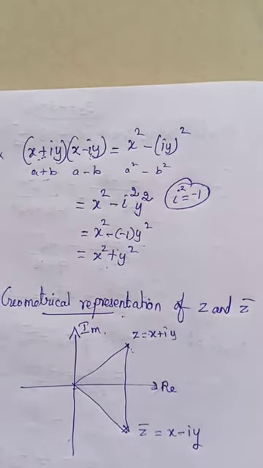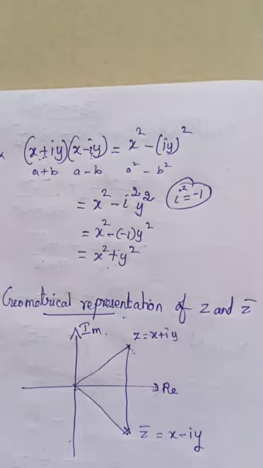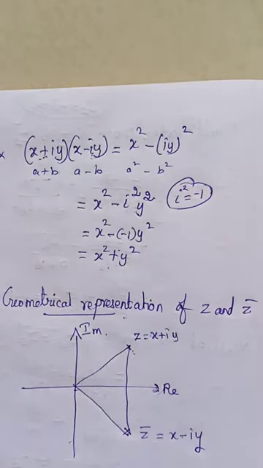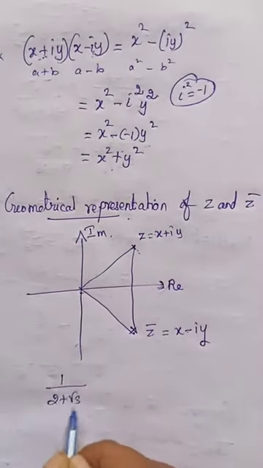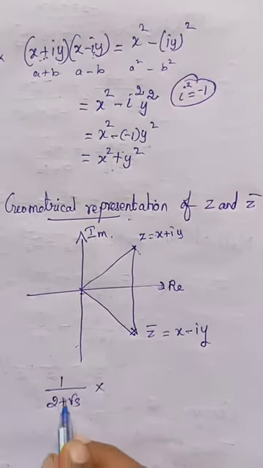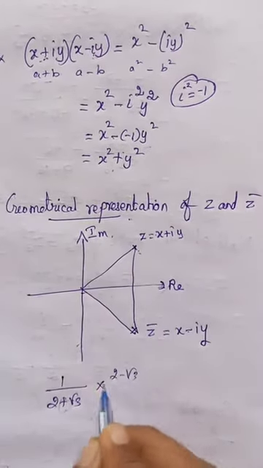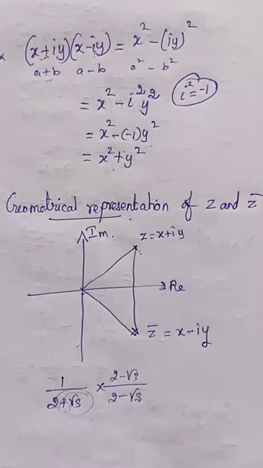This conjugate is always useful when we are dividing by a complex number. Rationalizing the denominator, are you remembering? If it is 1 by 2 plus root 3, what do we do to rationalize? We take the conjugate, 2 minus root 3 by 2 minus root 3, in order to remove the root.